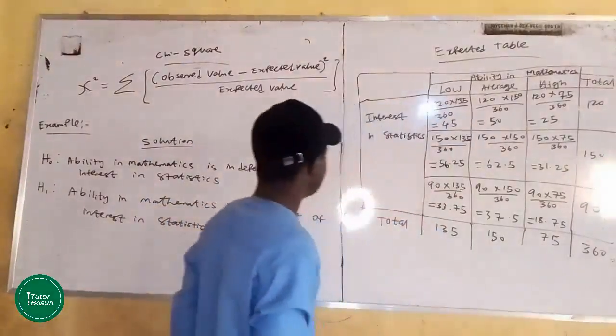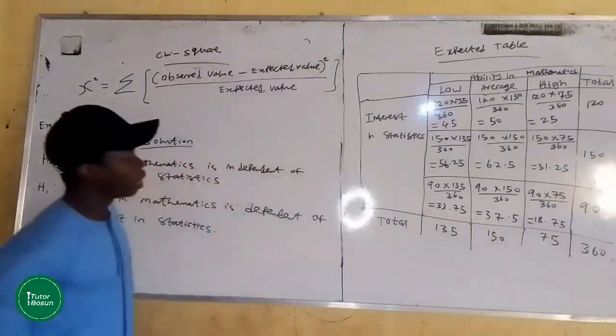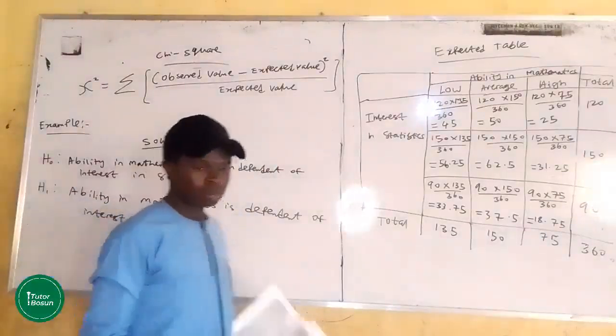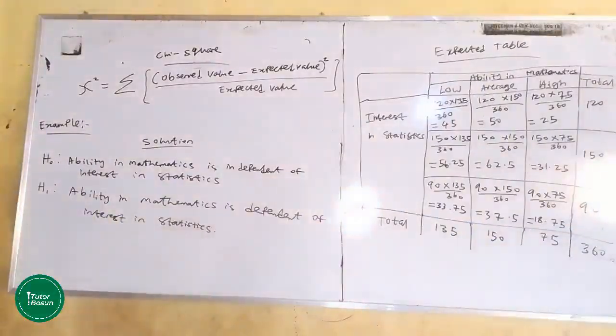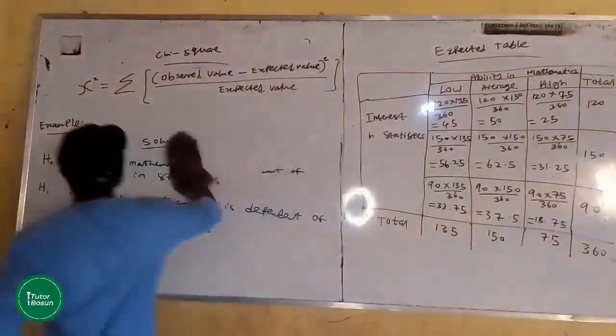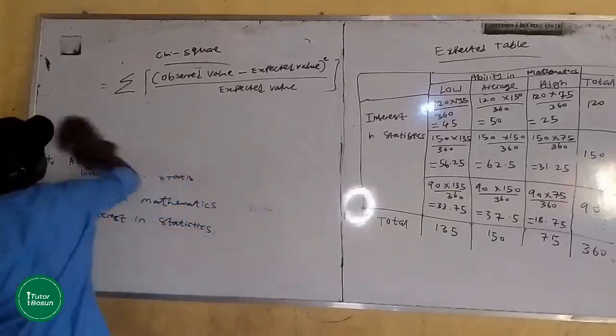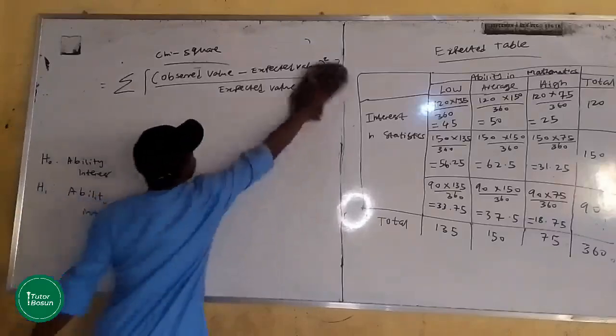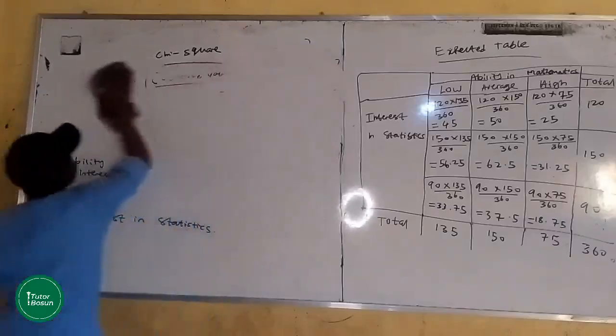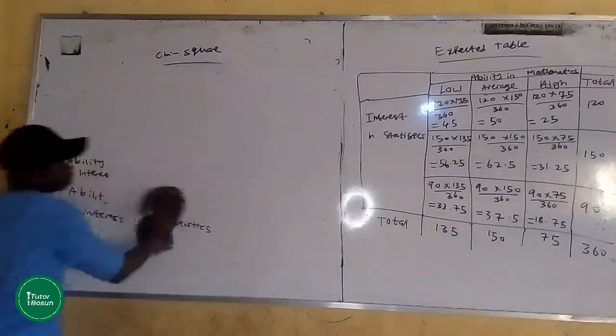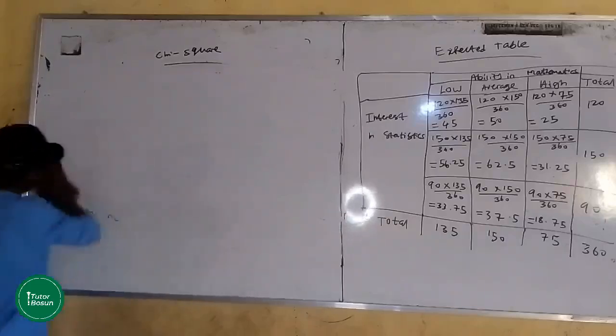Then you can now decide to compute our calculated chi-square. If you're given the critical value, you are comparing the calculated chi-square with the critical chi-square.